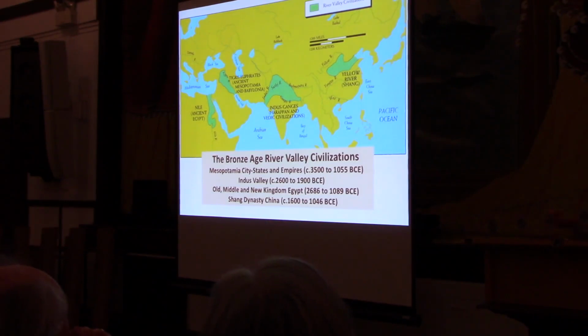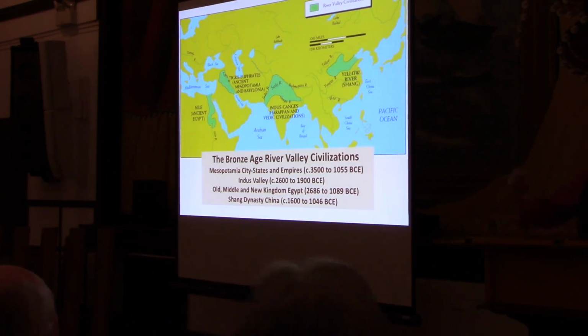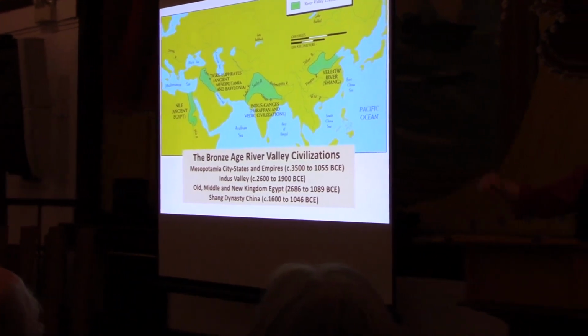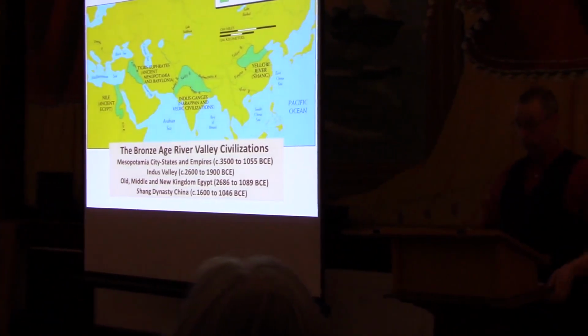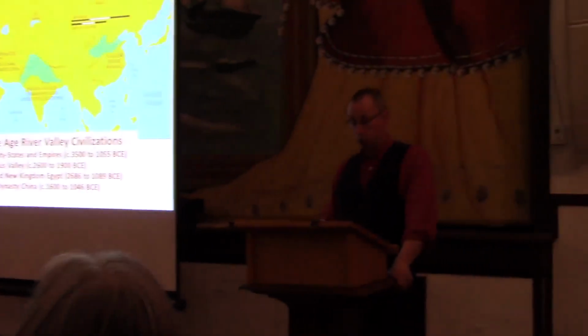The Yellow River, the Shang dynasty in China, and Old Kingdom Egypt in the Nile Valley. So this is the first wave of the cities of the Bronze Age. They begin as city-states and then become larger imperial states, multi-city political organization.